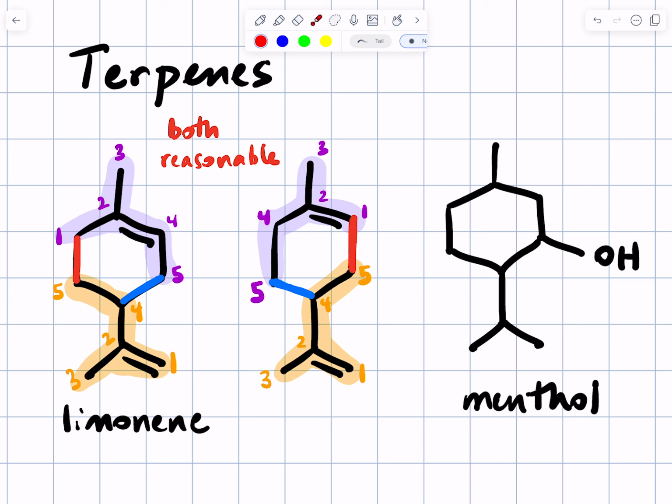The problem is that when you're in the test, something may temporarily make sense to you, but not actually make sense. So as long as your strategy correctly stitches isoprene units together with this pattern, both of these options are fine. Okay? Yeah?